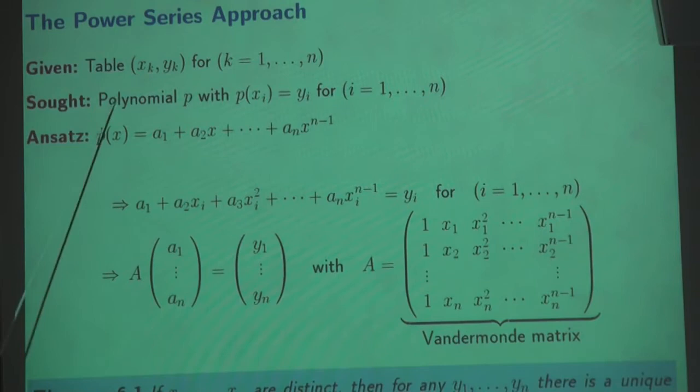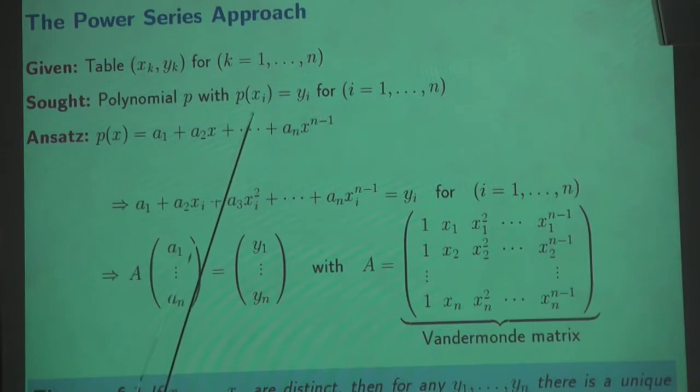Given such a table of points xk, yk, and we are given n points, we are looking for a polynomial p with the property p of xi is equal to yi, and what does that mean intuitively?